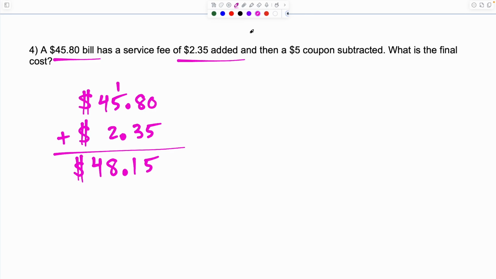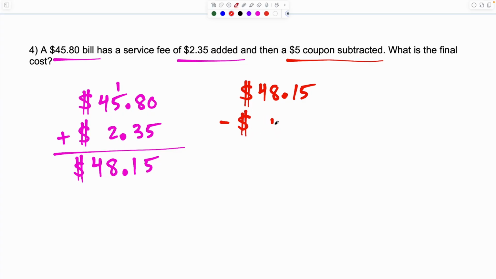But then the $5 coupon is subtracted from the total. Okay, when a coupon is applied, that saves money. So we're going to subtract $5. Okay, so we take the $48.15, and we subtract $5. So I'll just say minus, and then $5.